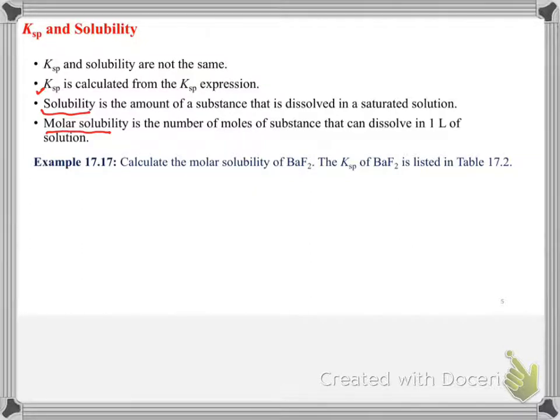So for example, we are talking about barium fluoride here. Let's write down the barium fluoride expression first. BaF2 solid in equilibrium with Ba2+ aqueous plus 2 fluoride ions.